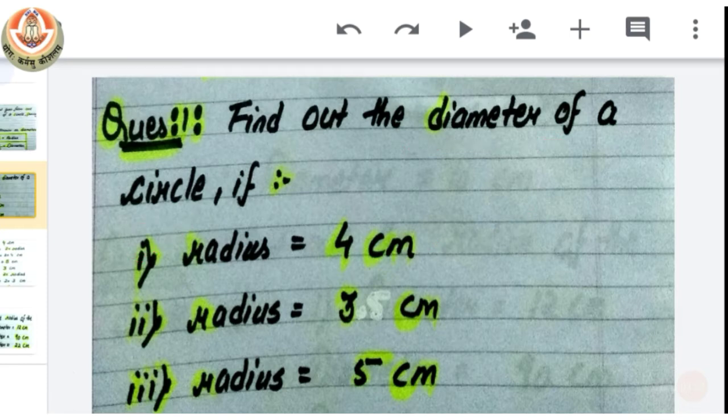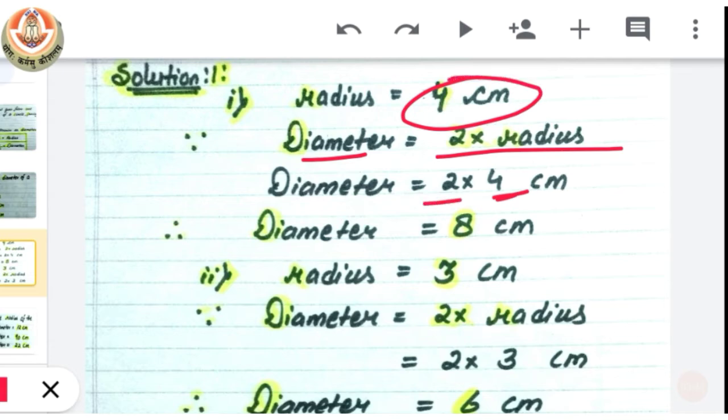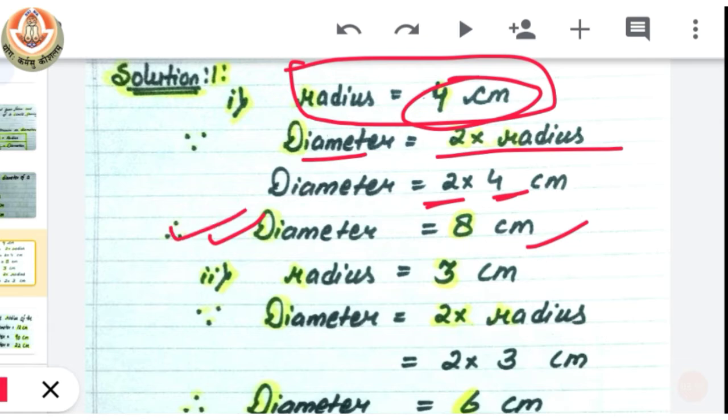So how can we do it? As we know that diameter is the double of radius, we just have to multiply the given radius, which is 4 centimeter, by 2 to get the diameter of that circle. So the circle with radius 4 centimeter has diameter 2 into 4, which is 8 centimeter.